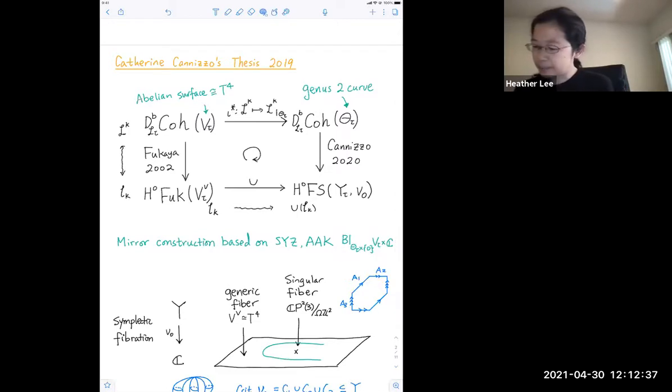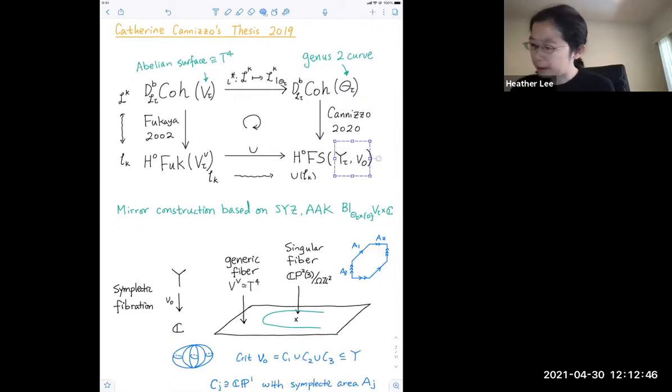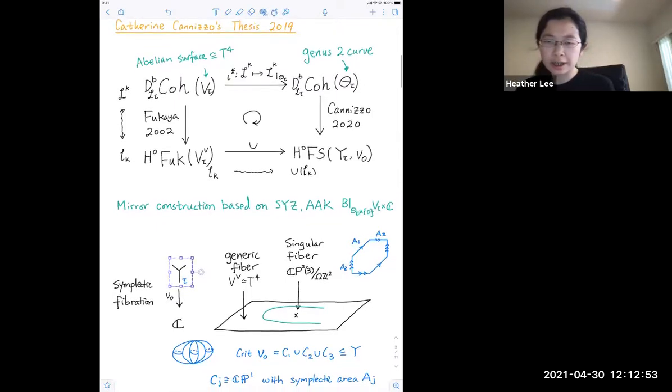And then they get this mirror Landau-Ginzburg model Y. There should be a tau, so Y tau. This Y is a toric Calabi-Yau threefold, and there's a superpotential to C. This is a symplectic fibration with a singularity at 0.